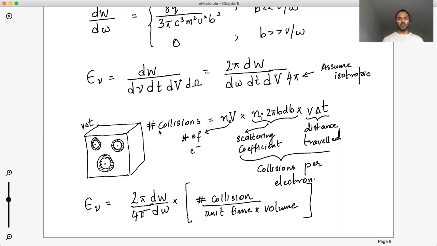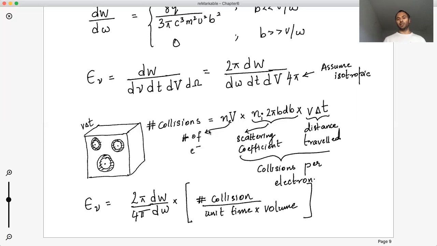So I'm basically done. So I can write the emissivity here as basically the value which I had for a single charge, which is dW by d omega for a single electron. And then I need to now figure out how many collisions are there per unit time per unit volume, right? So I just bring the per unit volume, which is V here, and per unit time, which is delta T here, onto the left-hand side.